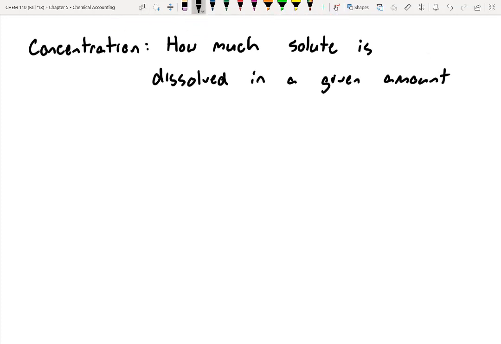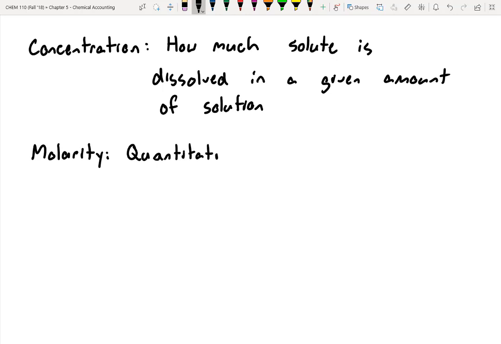This is a pretty generic term, so how are we going to define how much solute is in some sort of volume of solution? Chemists and biologists tend to prefer something called molarity. And that's a quantitative measure of concentration, used in chemistry and biology.